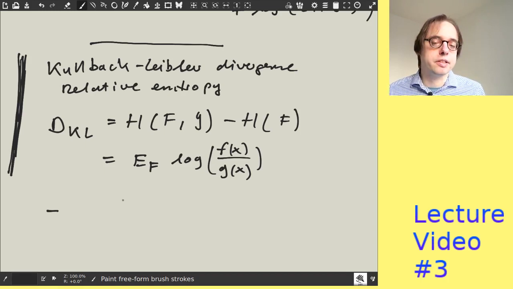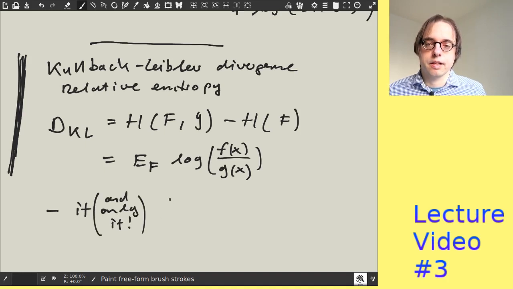If f and g are the same, then the divergence is 0. If and only if f equals g, then the Kullback-Leibler divergence is 0.